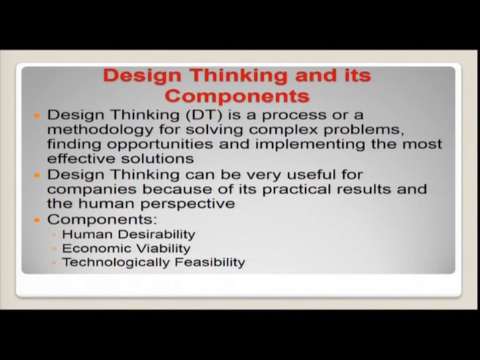As far as the components are concerned, it is broadly classified into 3 groups. One is called human desirability, second component is economic viability, third one technological feasibility. So, what is human desirability? In any project, you wish to satisfy the need of the customer.